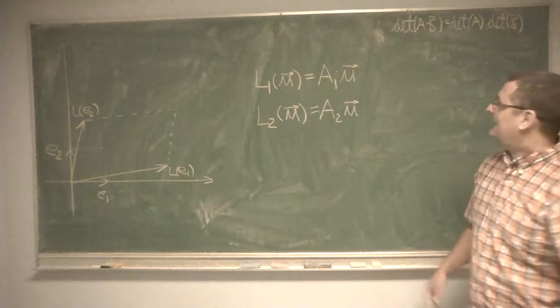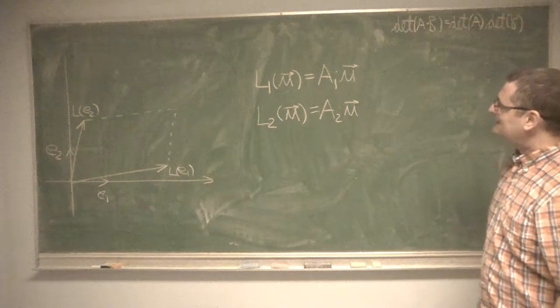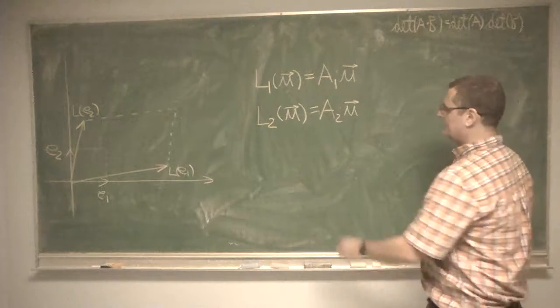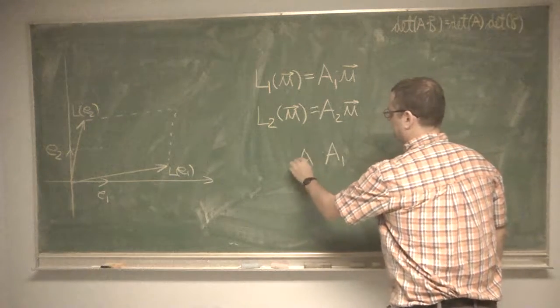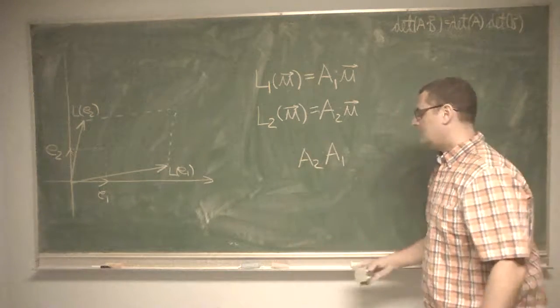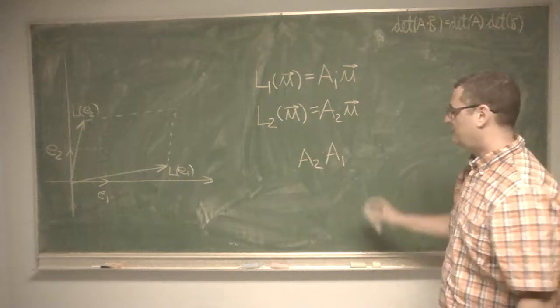Okay? And there is a pretty easy interpretation of the product of the two matrices, and I will write A2 on the left. So how do we interpret this in terms of linear transformations?